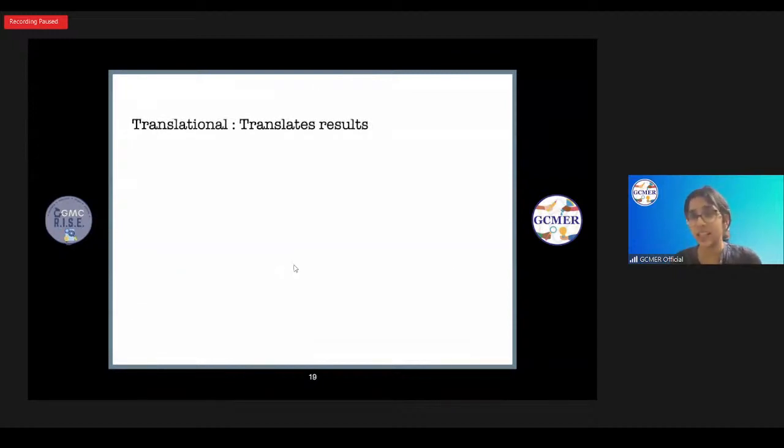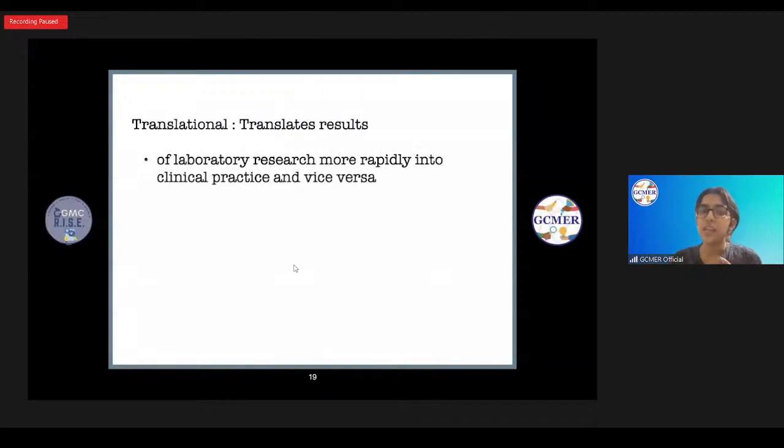Now, there's a third category, which basically is translational research, which is not very old actually, because till a very long time, people used to think that these two areas cannot be combined. But now we've understood that we can actually convert this laboratory research more rapidly into clinical practice and vice versa with the help of translational research, right?